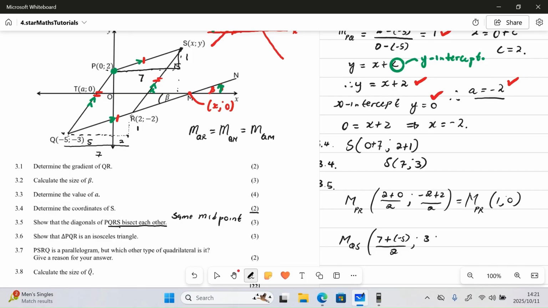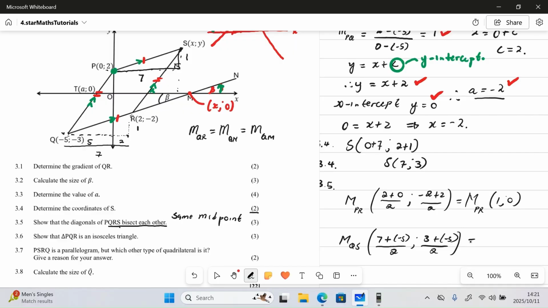Y at Q is minus 3. Then the midpoint of QS is 7 minus 5 is 2. 2 divided by 2 is 1. This one is 0. 0 divided by 2 is 0. So that is the midpoint.